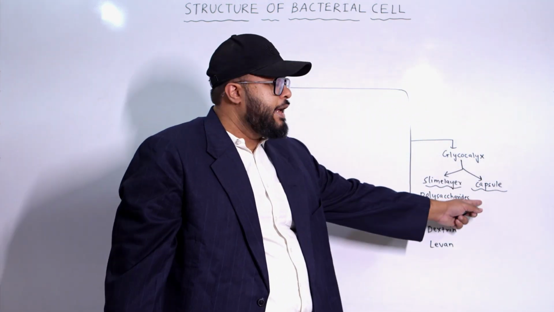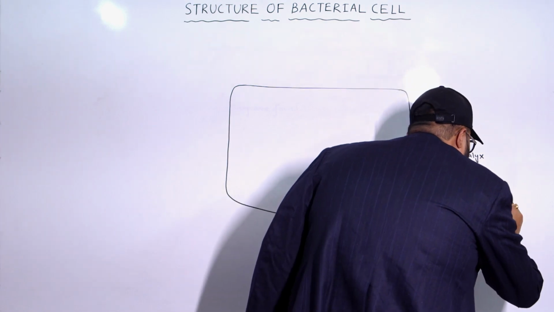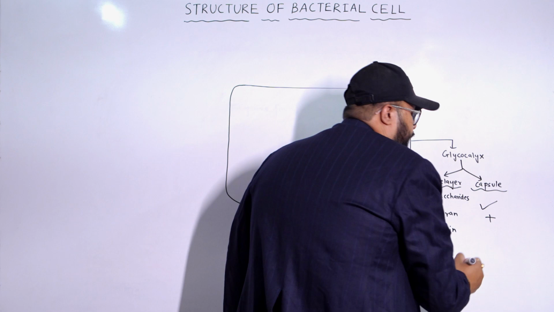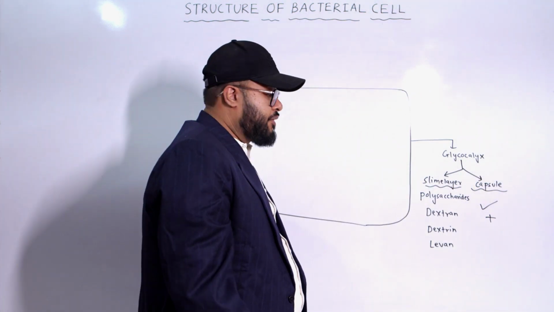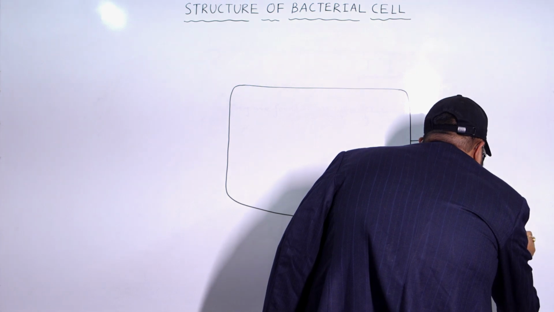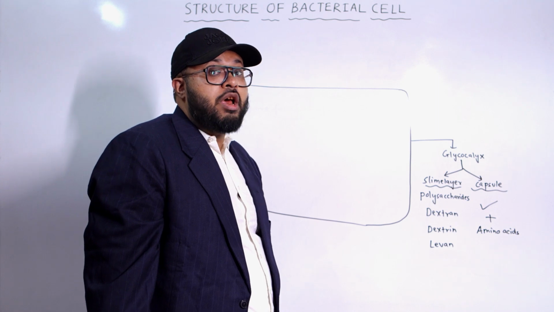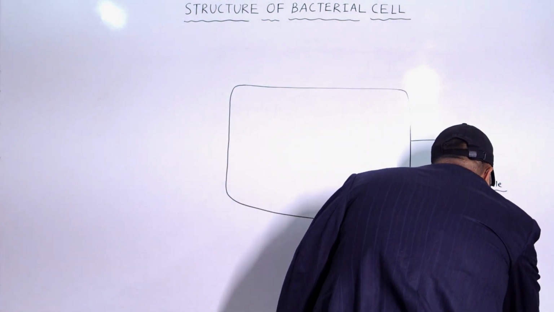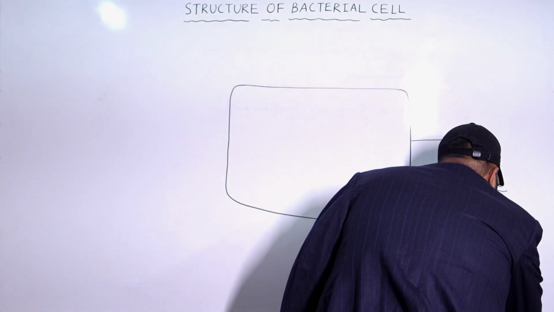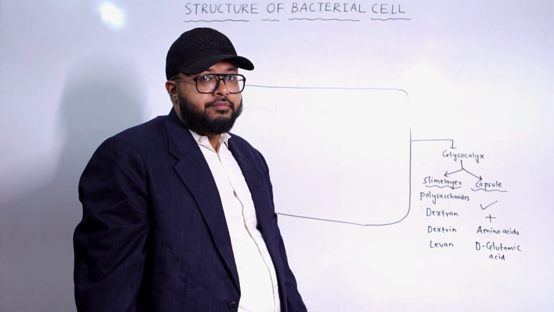The capsule is also made up of the same polysaccharides, but in addition to polysaccharides, amino acids are also present. And the type of amino acid which is present is D-glutamic acid, where D represents dextrorotatory.